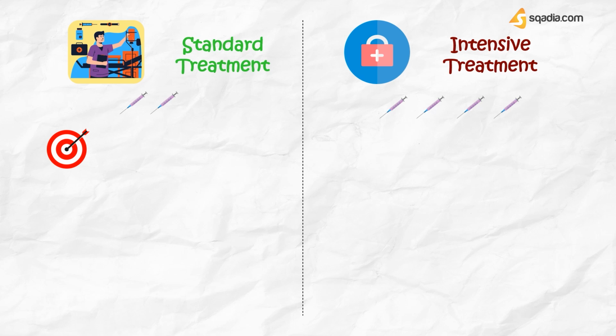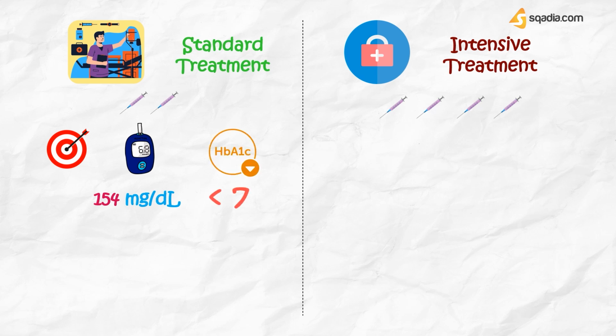The ADA recommends a target mean blood glucose level of 154 mg per deciliter or less, in which HbA1c is less than 7%, and intensive treatment is more likely to achieve this goal. Normal mean blood glucose is approximately 115 mg per deciliter or less, HbA1c less than 5.7%.